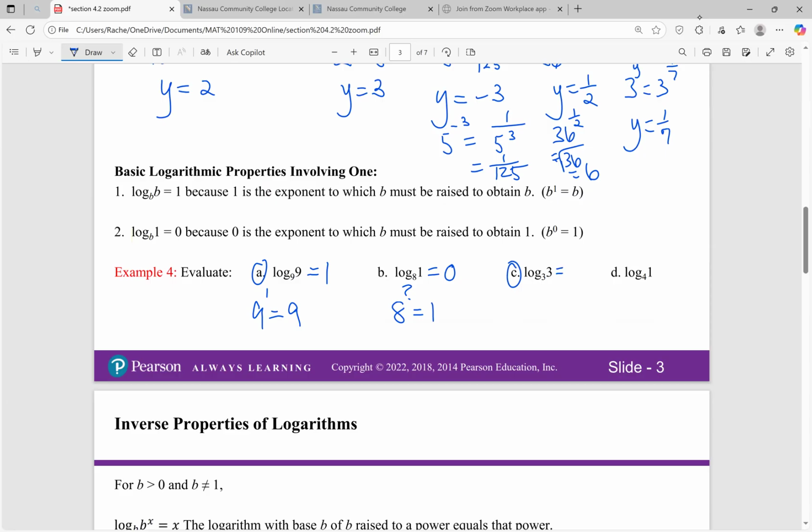So again, 3 to the what power is going to give me 3? It's going to be 1. And we'll do one more, D. Log base 4 of 1 is going to equal 0, right? Because 4 to the 0 equals 1. So those are the basic log properties involving 1.